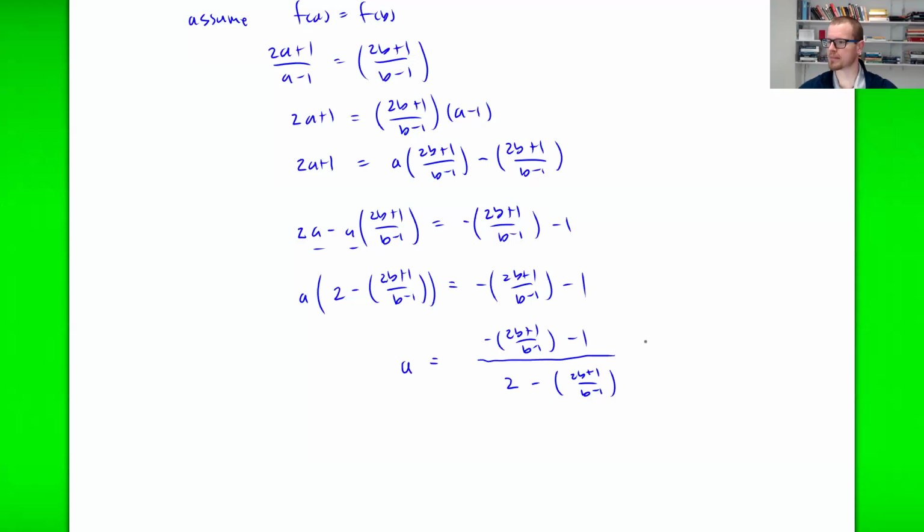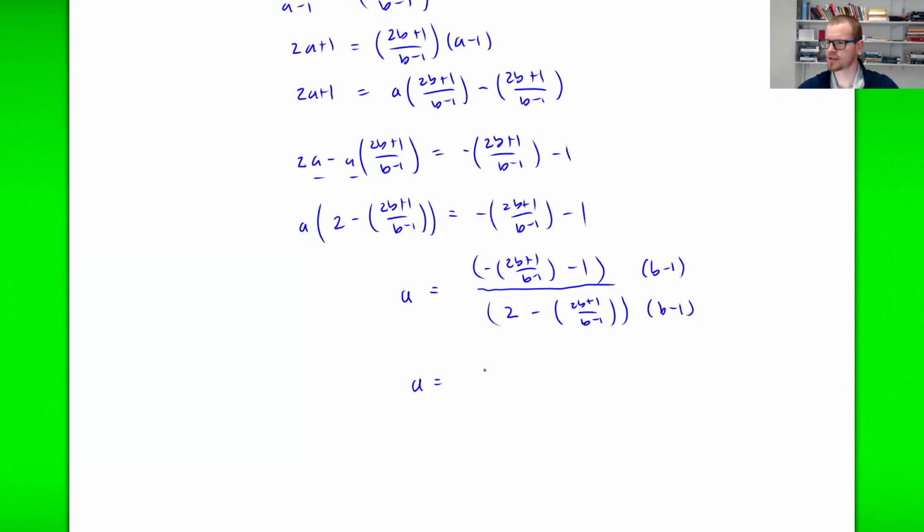I'm going to multiply by b minus 1 in the numerator and denominator to get rid of this fraction and that fraction. When I do that, I will have a is equal to, when I distribute this here, it cancels out, and I'm left with negative of (2b plus 1).